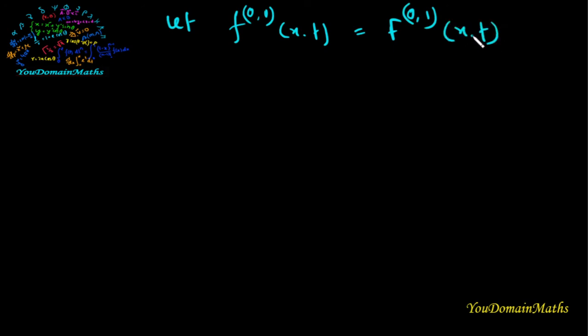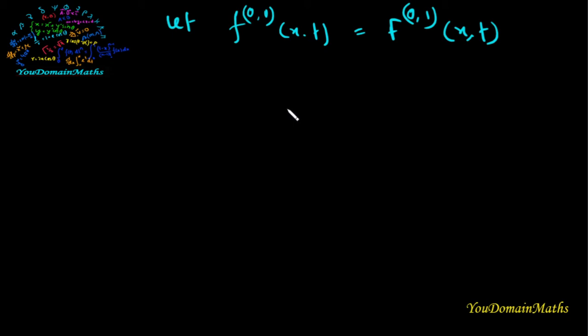So we can also write the previous relation as f of 0 comma 0 at x comma t equal to f of 0 comma 1 at x comma t.